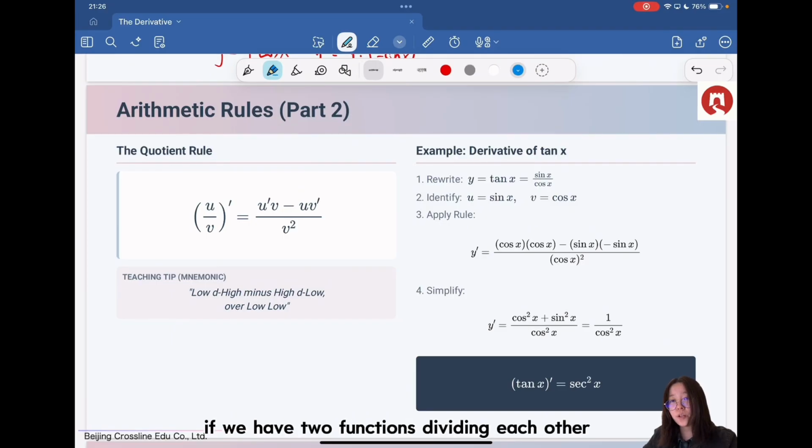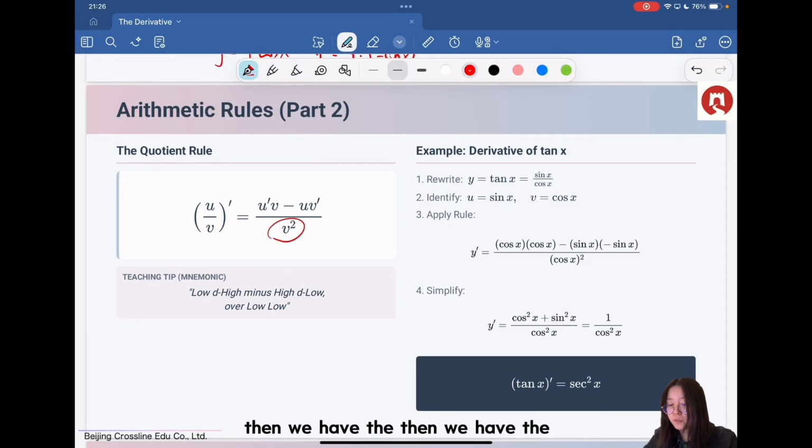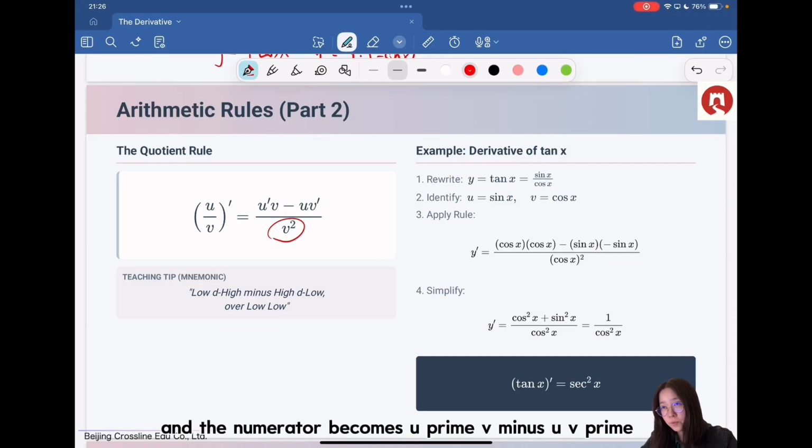If we have two functions dividing each other, then the denominator becomes v squared, and the numerator becomes u prime v minus u v prime.